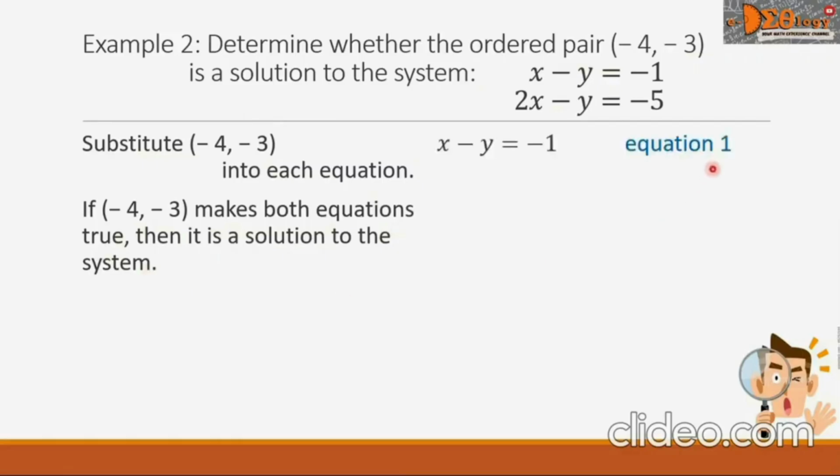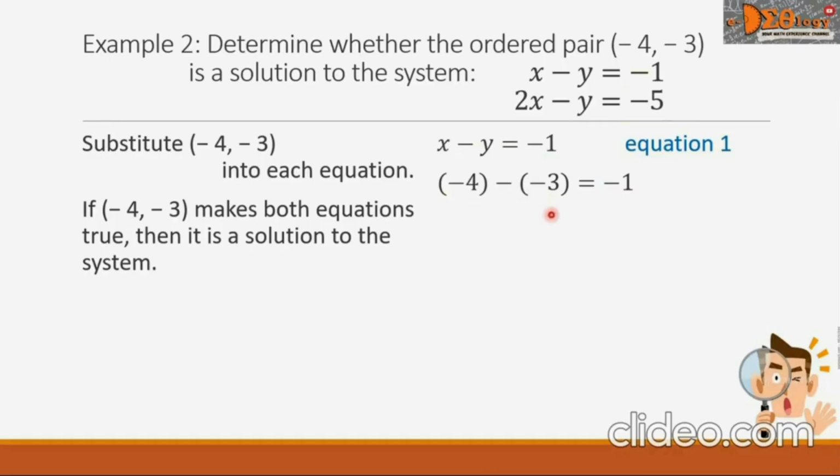Let's take the first equation, x minus y equals negative 1. Let us substitute the ordered pair respectively. We know that the first number, negative 4, is for the x and the second number, negative 3, is for the y. So we have here negative 4 minus a negative 3 must be equal to negative 1.